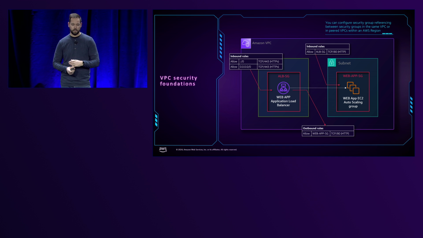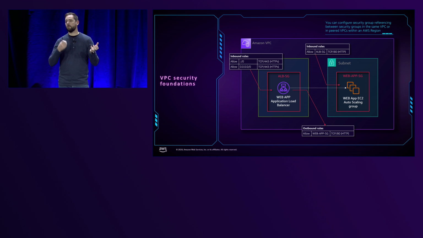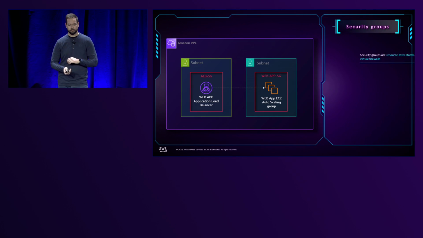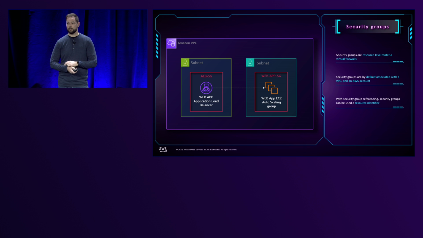So you can see here, we're referencing the A or B security group for our web apps to say, hey, anything inside that security group, we can allow access to our web apps. And you've probably all got scenarios where you're doing this today. Okay, so again, security groups are a resource level stateful entity, and basically they're defined inside the bounds of a VPC, traditionally.